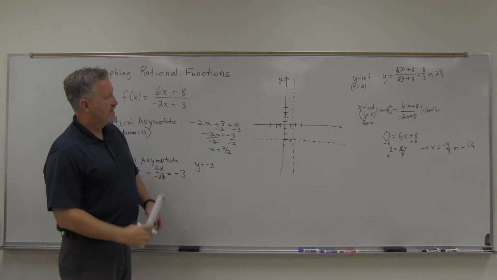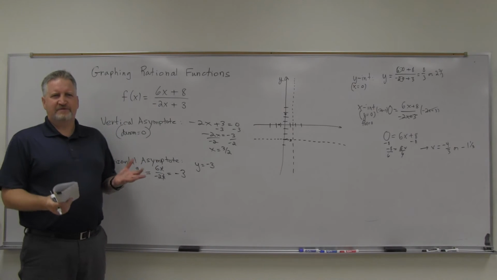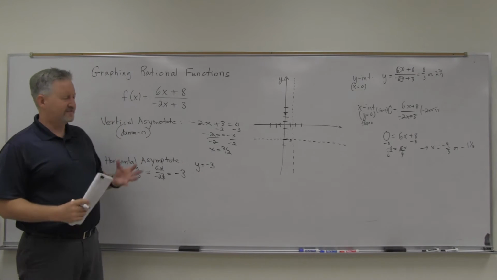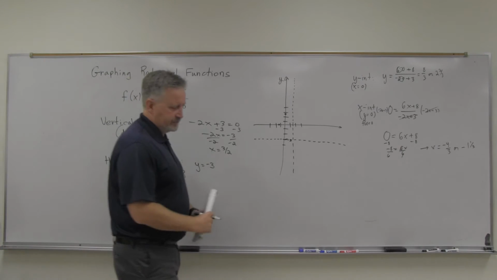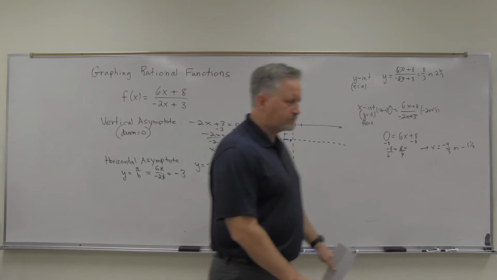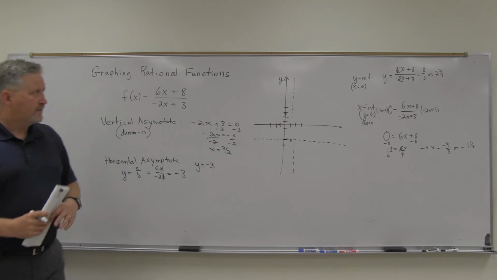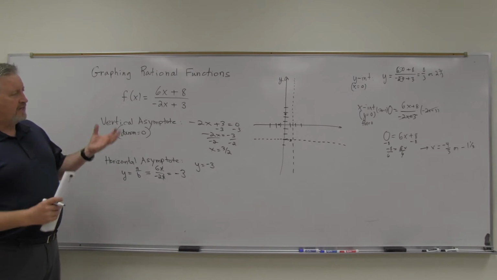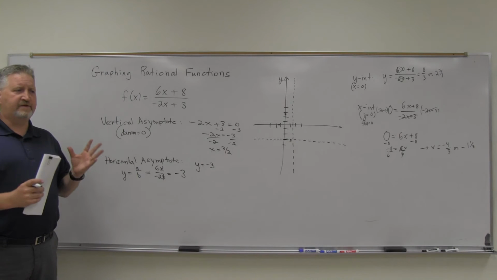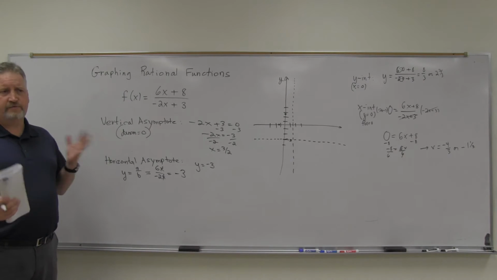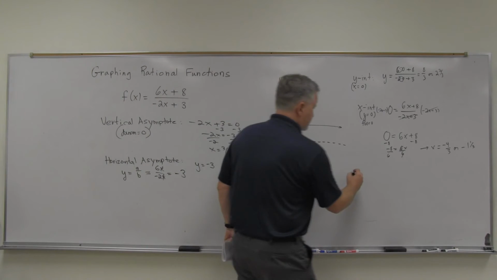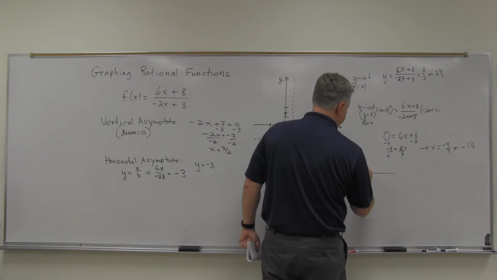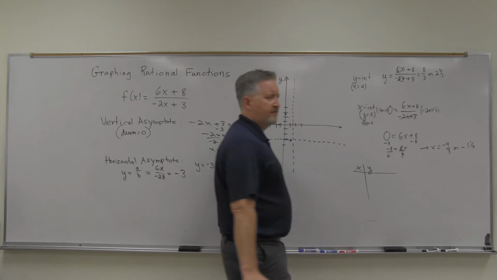Well, that gives me some good information, but there's still a little more that we may need to find out here. So here's what I suggest. We kind of need to know what is happening around the vertical asymptote. We looked at one last time, but let's get a few details more about what's happening around that vertical asymptote.